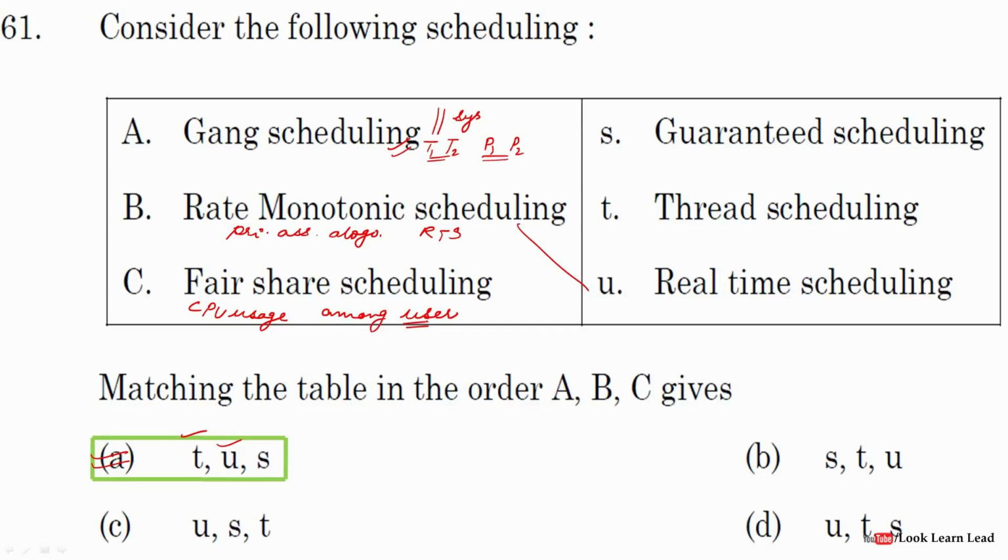Generally, CPU usage is equally distributed among processes, but in fair share scheduling, it is equally distributed among users. The same definition applies to guaranteed scheduling, that is, the CPU usage is 1 by n for n users. So fair share scheduling is guaranteed scheduling. The answer is A. So this is our 61st question. Let's move to the next question.